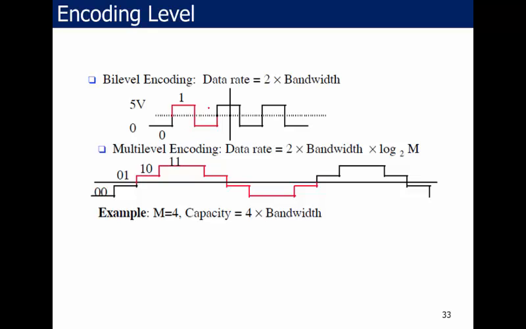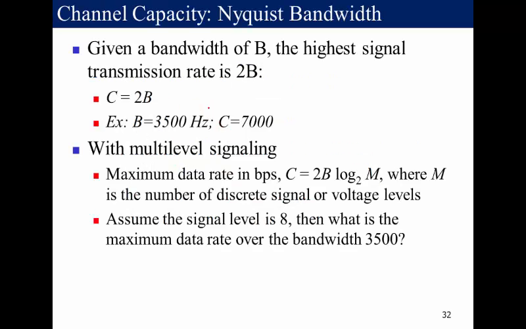So the Nyquist theorem explains it like this. Firstly, given a bandwidth of B, the highest signal transmission rate is 2B. Why 2?